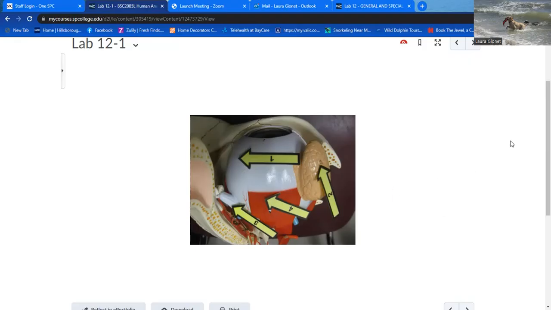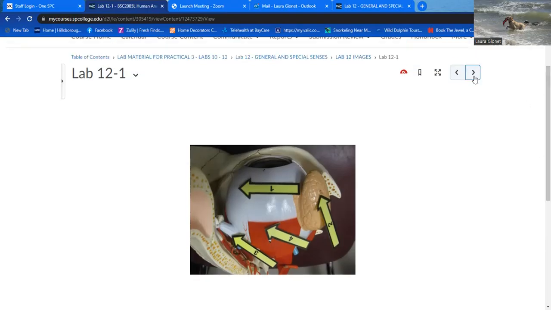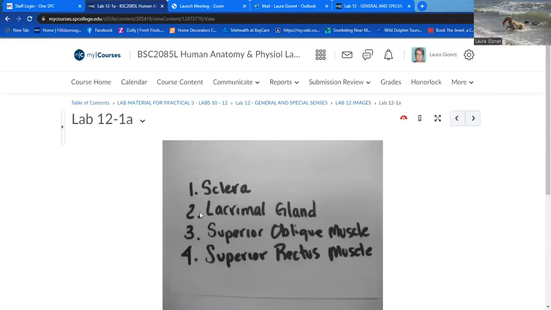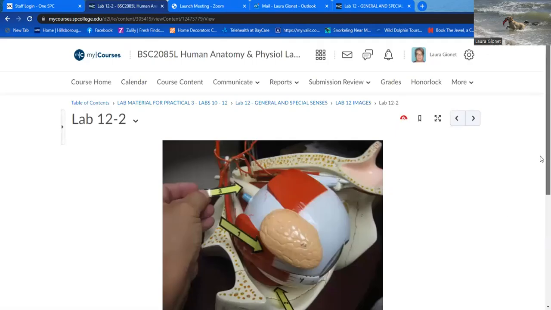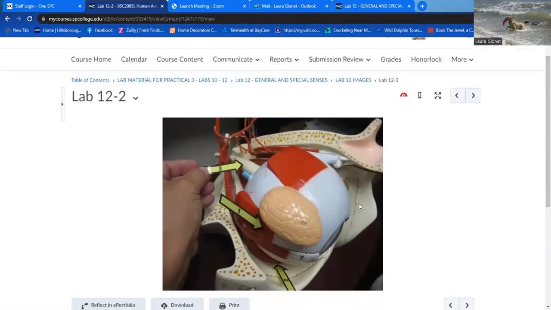So 1 is the sclera, 2 is the lacrimal gland, 3 is pointing to the tendon of the superior oblique muscle. So that's what we'll be pointing to, and the superior rectus muscle. Not that you can't read these yourself, but if I can think of an extra question to apply here, I'll let you know.